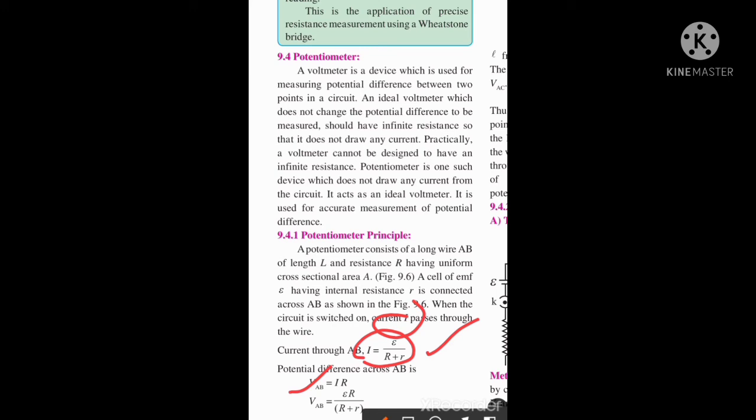Therefore, V_AB is equal to ER divided by R plus r, where we put the value of I equal to E upon R plus r.